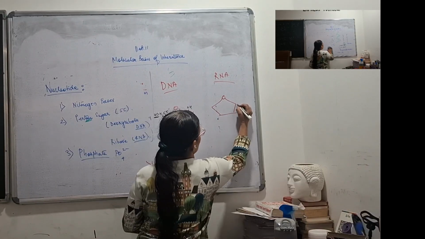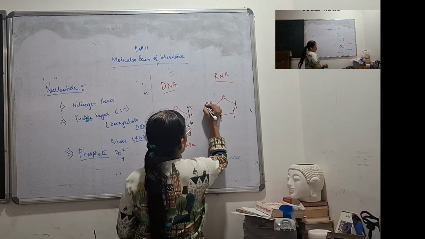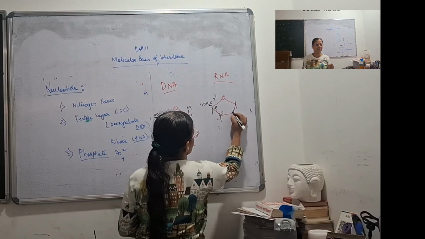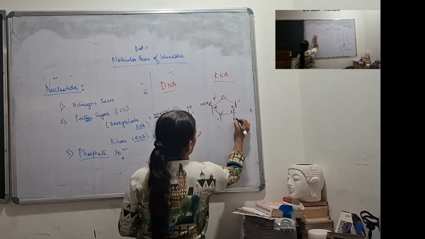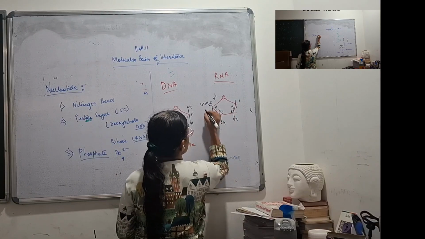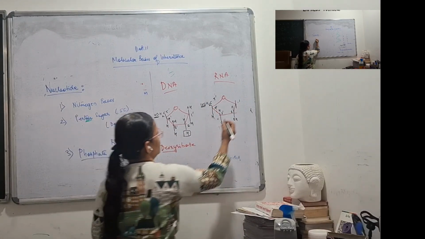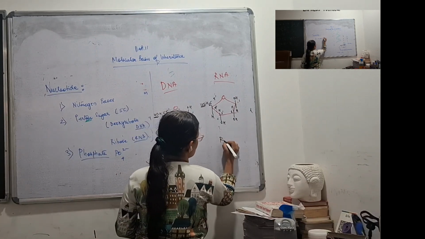So, 1, 2, 3, 4, CH2OH. This is fifth carbon. This is fourth. This is third. This is second. This is first. Then H, OH, H, OH. Here it is OH. Here it will be H. So, this is again here OH and H. So, this is your ribose sugar.